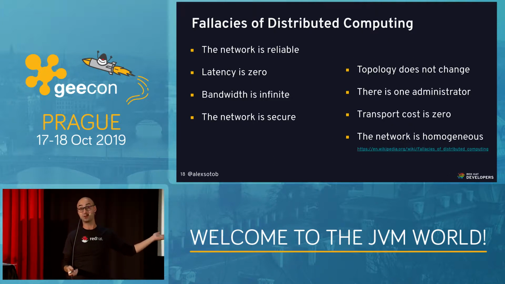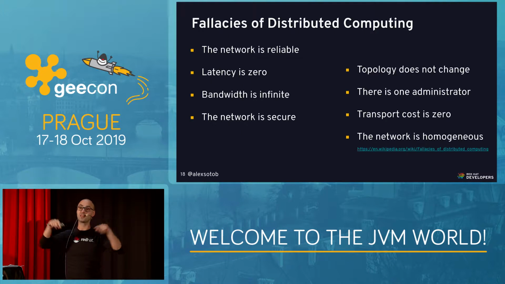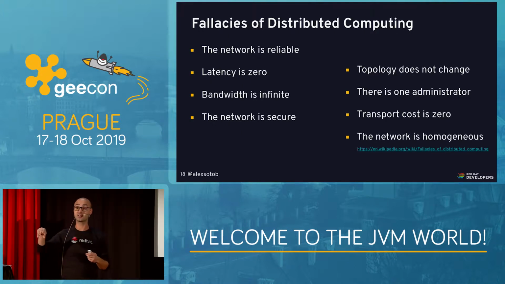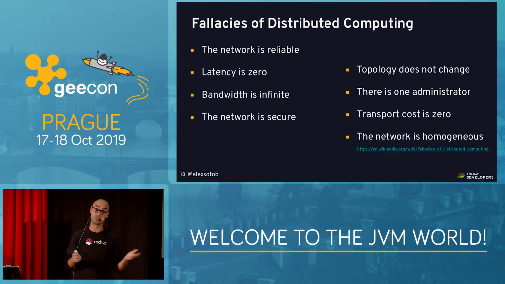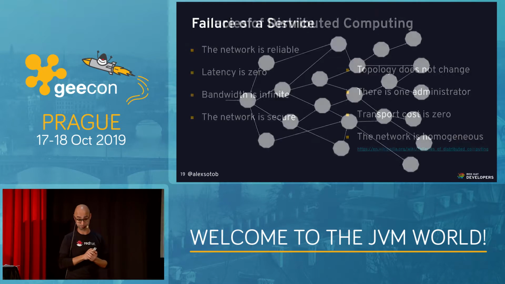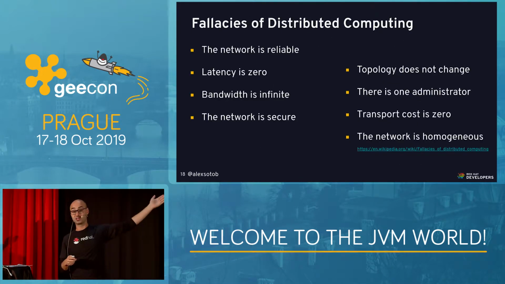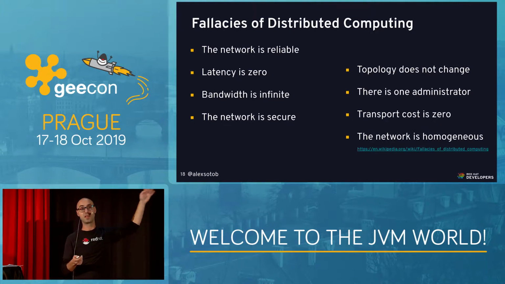The network is secure, and there have been a lot of attacks, not from outside of the architecture or outside the cluster, but within the cluster. So any attacker can gain access to one of these services and then attack the rest of the services. So as you can see, the network is not secure. Oh, sorry. And also, the topology does not change. There is only one administrator. The transport cost is 0, and the network is homogeneous.